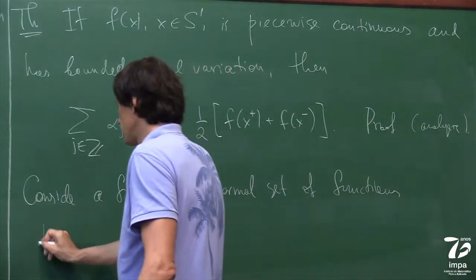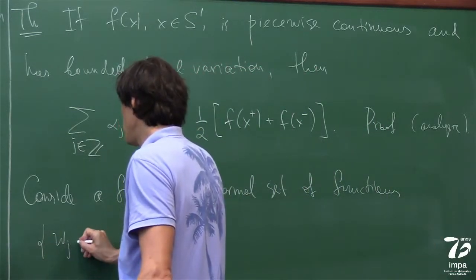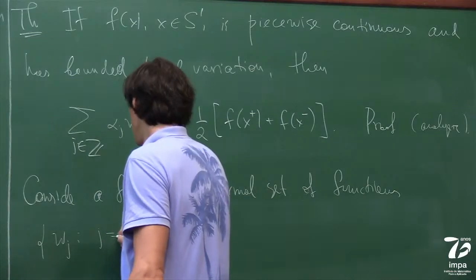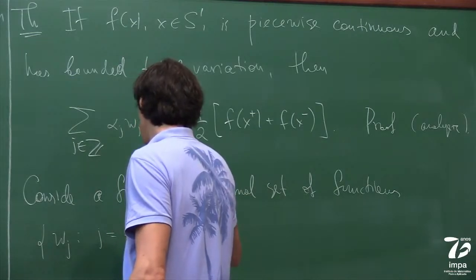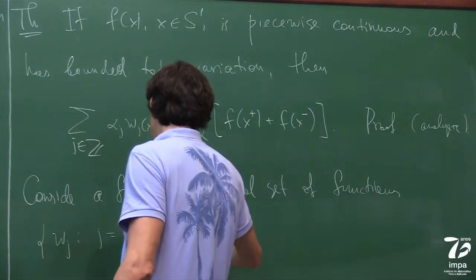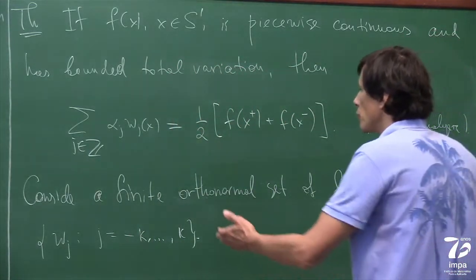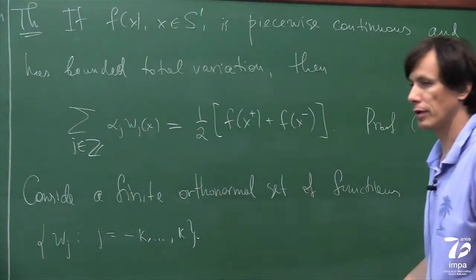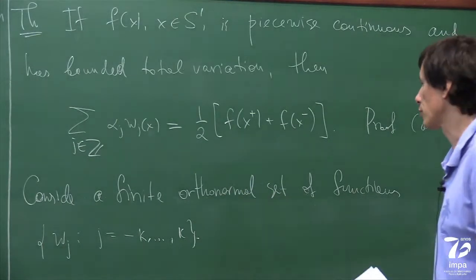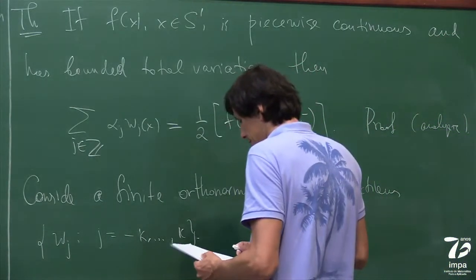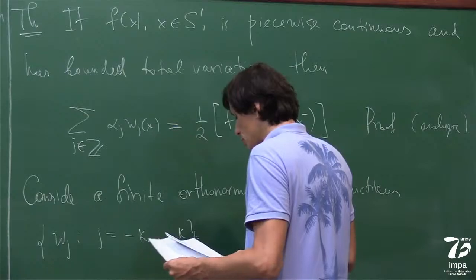We consider the set of functions w_j, but j now is from minus k to k. Numerically we cannot take all functions, but we can take a finite number of functions from minus k to k, and then you can use approximation just with these functions.